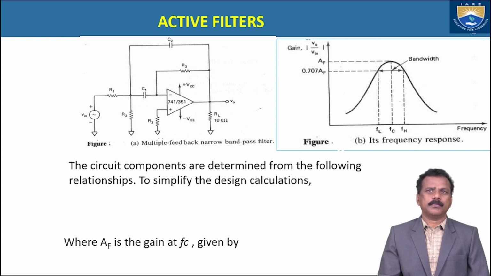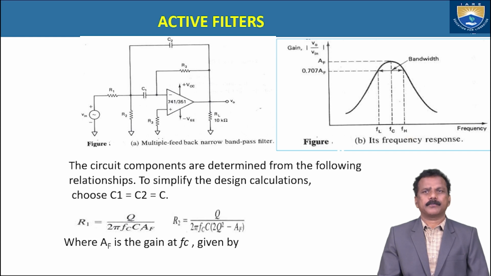We use typical values to verify the frequency response against the gain. Choose C1 equal to C2 equal to C. Then R1 is Q by 2 pi Fc into AF, R2 is Q by 2 pi Fc C times (2Q squared minus AF), where AF is the gain at Fc, and R3 is Q by pi Fc C.